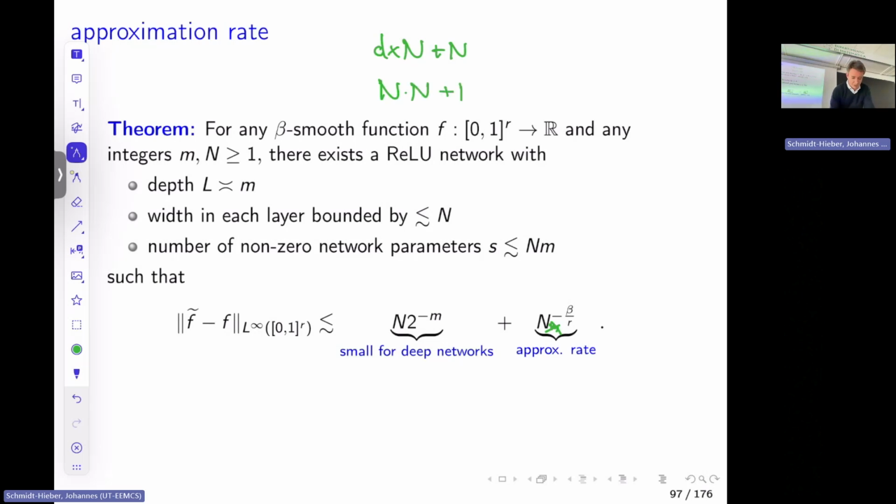So overall, if we have m layers, the number of parameters in the network is m times N squared. Okay, so that means if we now require this number of network parameters to be N times m, if N is large, and N will be very large later, then we are really talking about sparse network approximations.